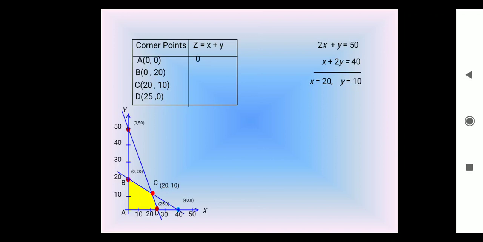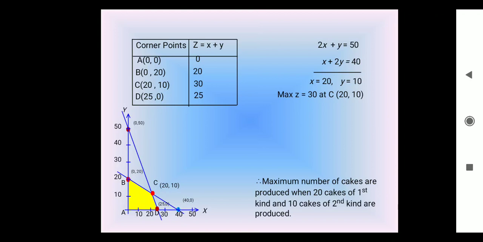The first answer is 0, the second one is 20, the third one is 30, and the last one is 25. By observing the table, we can say that the maximum value is 30. Therefore, the maximum of z is equal to 30 at C of 20, 10.